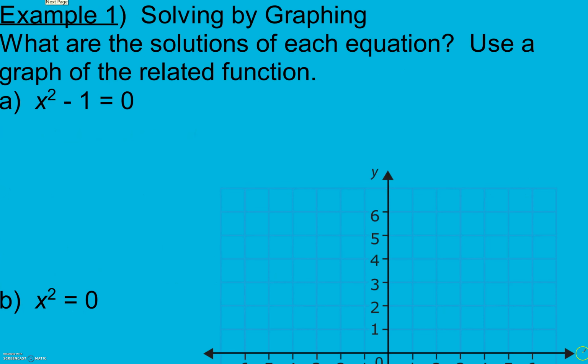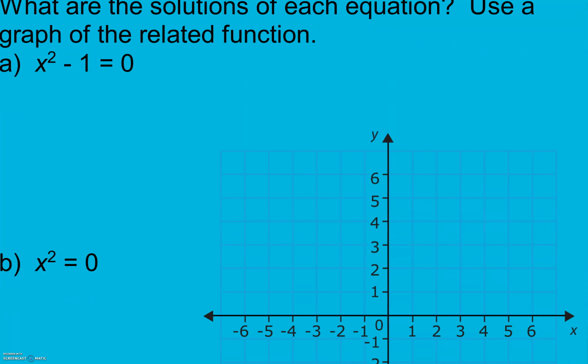In example 1 here, we're going to solve by graphing. So the solutions of each equation are what we're looking for. And remember, when we're looking for solutions, we're looking for what our variables equal. We're going to use the graph of the related function. So my first step is going to be to switch this back to the related function. I'm going to put a y in for 0.